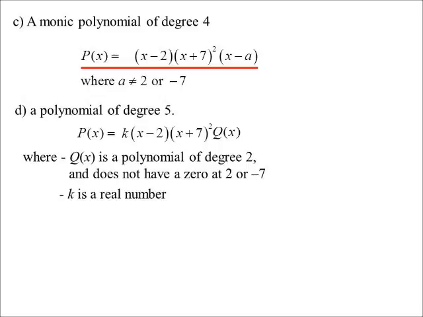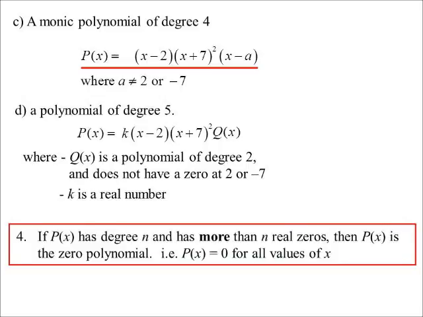And I didn't say monic for this one, so again I could multiply it by some number. Here is where I now contradict myself. Back in number 3 we said we can't have more solutions than the power. Now I'm saying, if it does have more solutions, then there's only one thing the polynomial could be, and that's what we call the zero polynomial. The zero polynomial, just like the number 0, is a very interesting character.